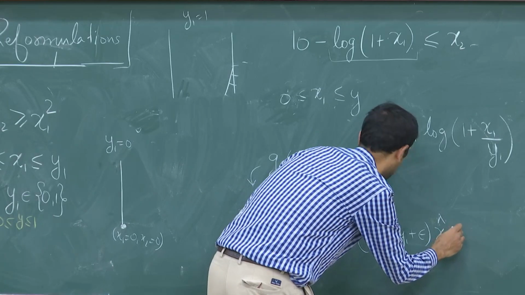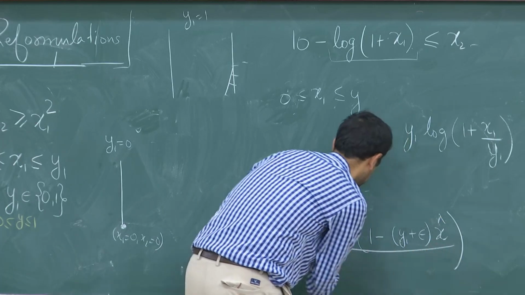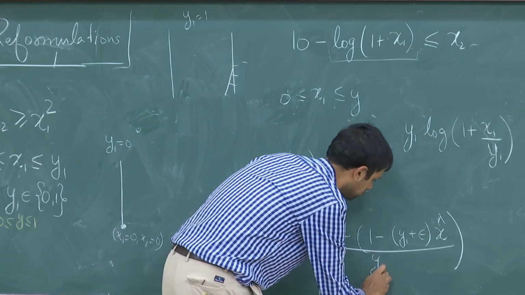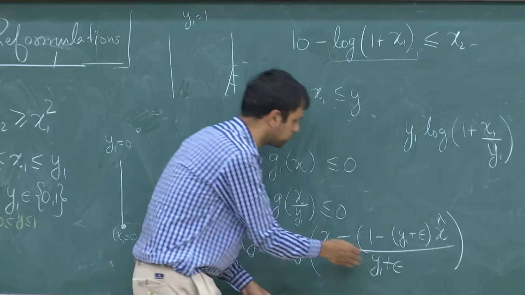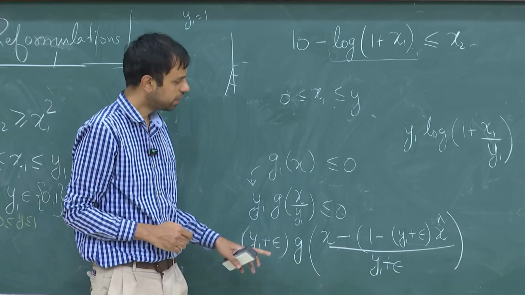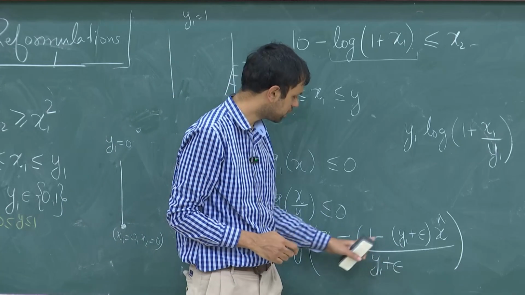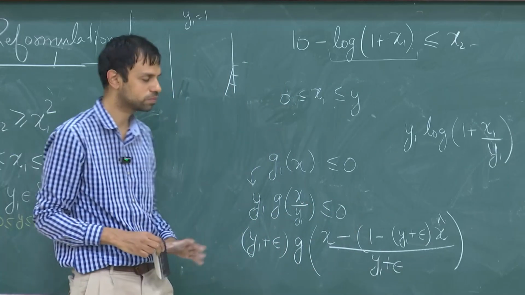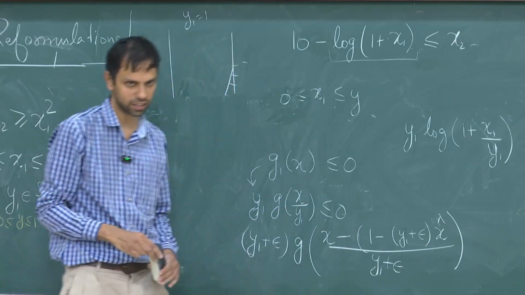This is obviously for a one-dimensional variable, divided by y1 plus epsilon. So you add some term to the denominator so that it doesn't really become 0, and at y equal to 1 it still remains exact. So some epsilons you add and take care of that.